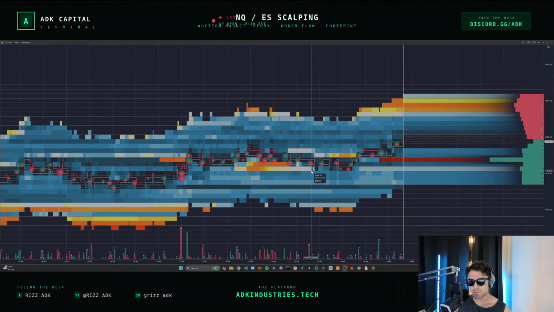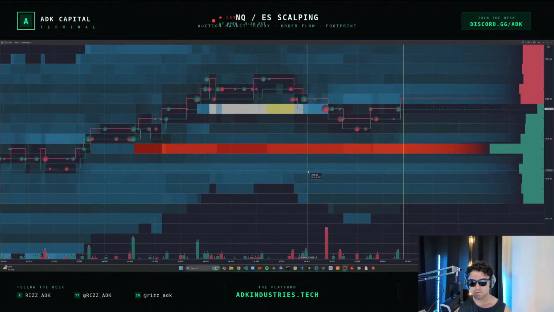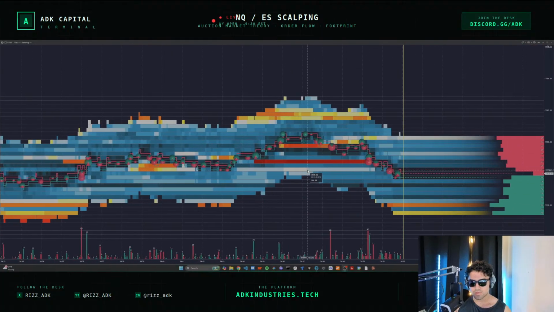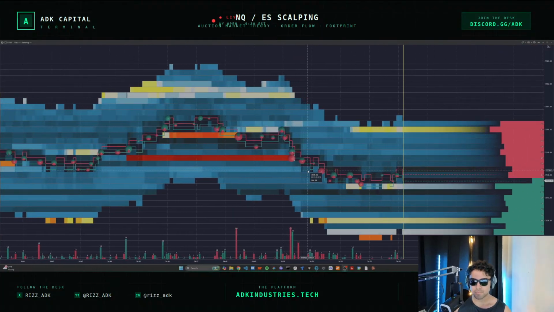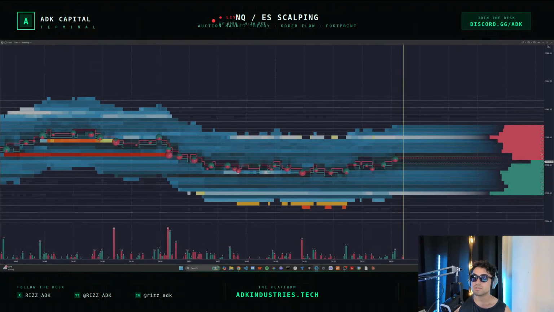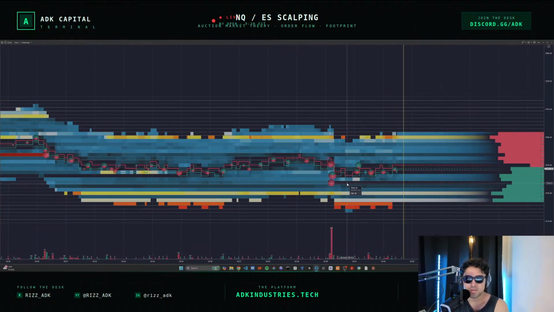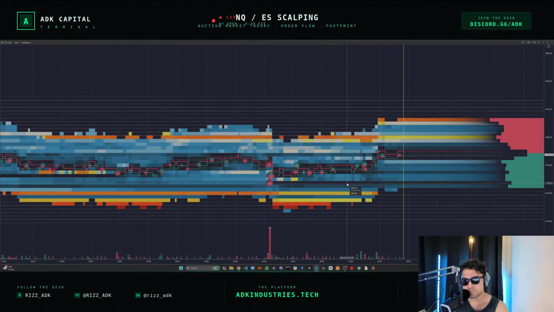Alright. So what does the level 2 say? There were some sellers. We did try to take the sellers, I mean the buyers. We did tap into the buyers. Now we need to reverse back.